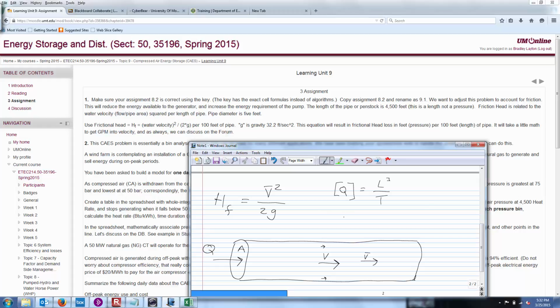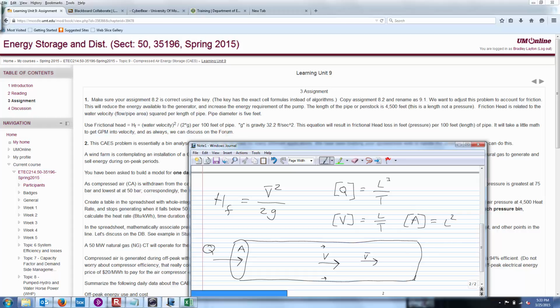Now we know that velocity has dimensions of length per unit time, and area has dimensions of length squared. So if you look at these three things, here's your volumetric flow rate Q, here's your velocity V, and again, don't confuse V with volume. In this case, it just means velocity. And here's your area A.